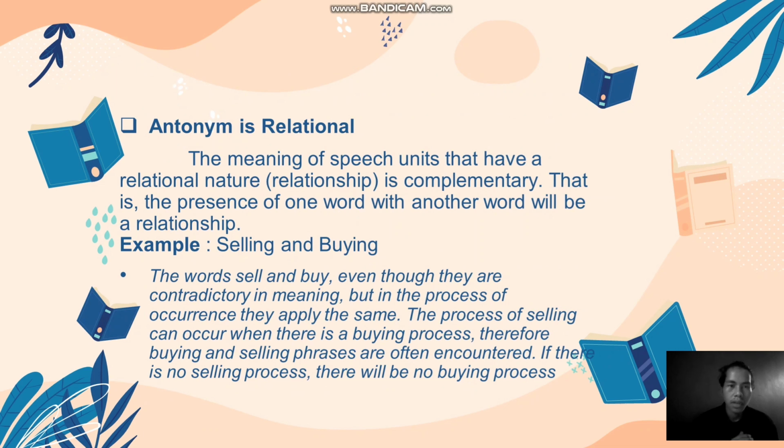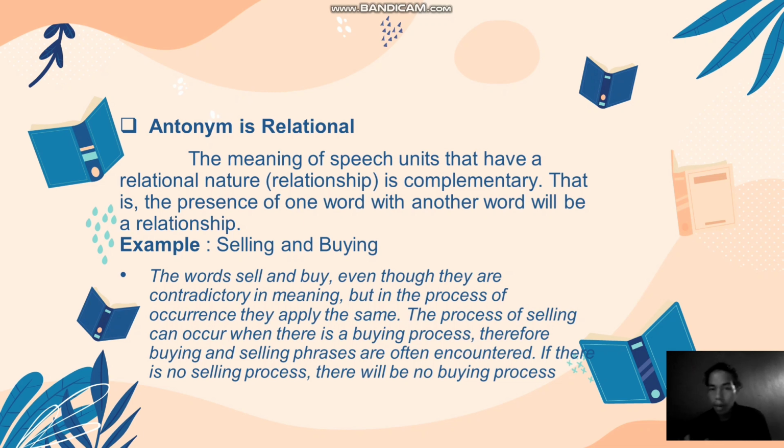Antonym is relational. The meaning of speech units that have a relational nature or relationship is complementary, that is, the presence of one word with another word will be a relationship. For example, selling and buying.